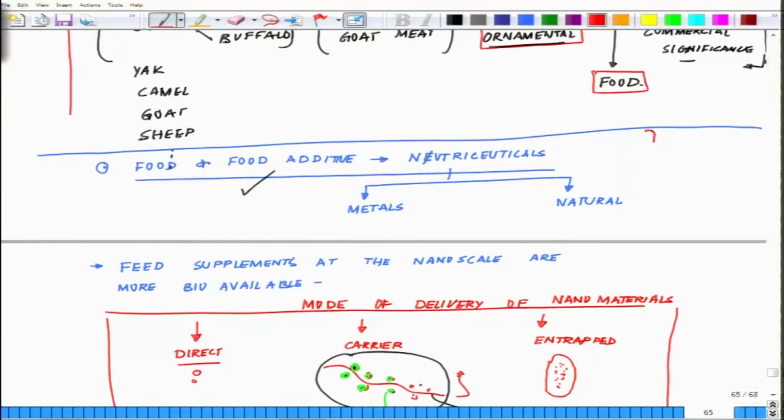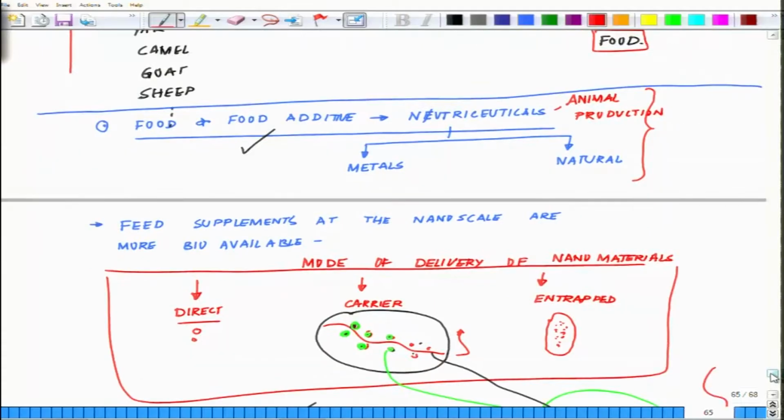The area where a major chunk of investment is happening is food and food additives, nutraceuticals for animal production. Nutraceuticals could be used for humans too, but here we are specifically concerned with the animal.